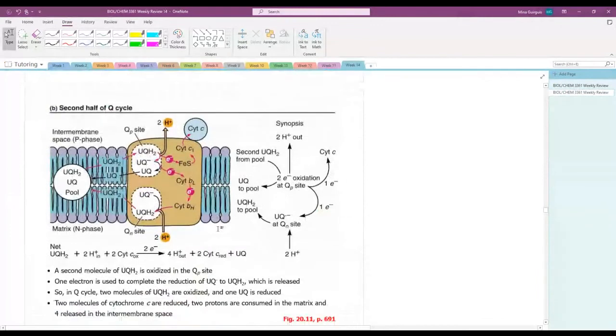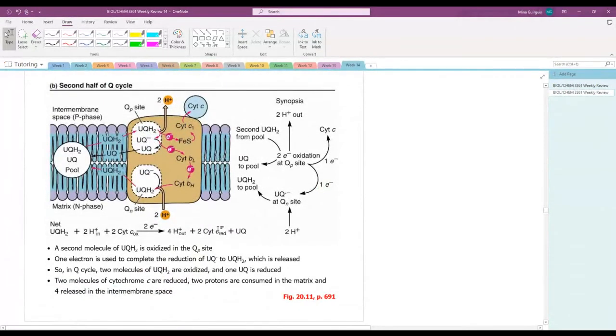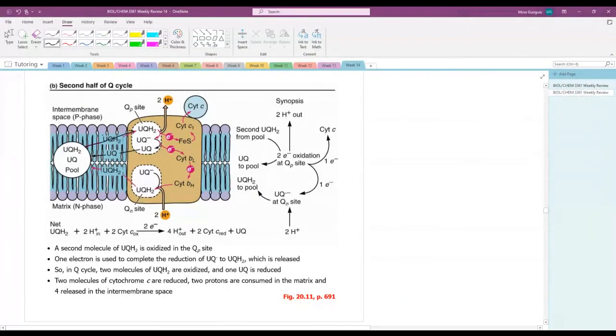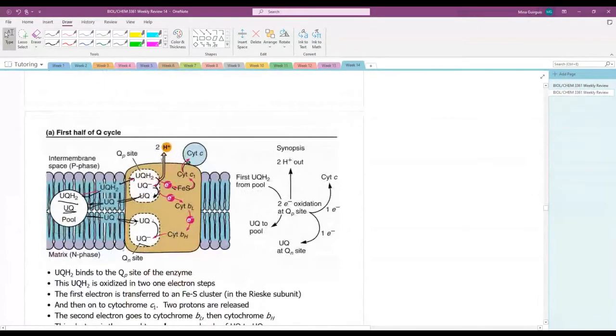So why is that important for us? This is the next half of the cycle. So now a second molecule of UQH2 goes to the P site. The same reactions happen. So now we've given 2 electrons to cytochrome C, and we've transferred now 4 protons, because we transferred 2 in the first step and 2 in the second.